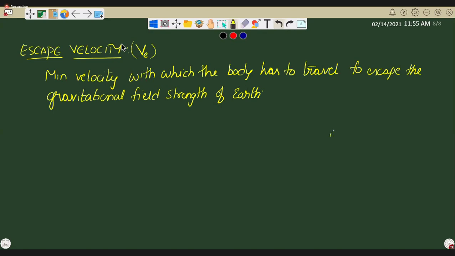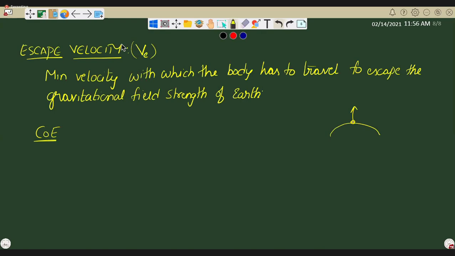So if this is, let me say, your Earth, there is a body here. With what speed should this body go so that it will escape the gravitational field strength? Now from here onwards, extensively we will be using the concept of conservation of energy.